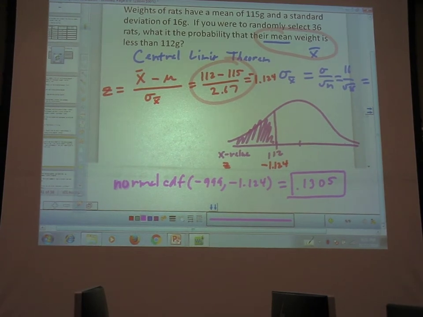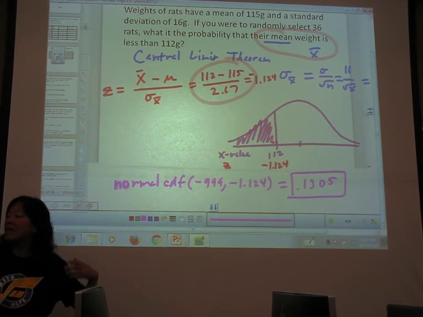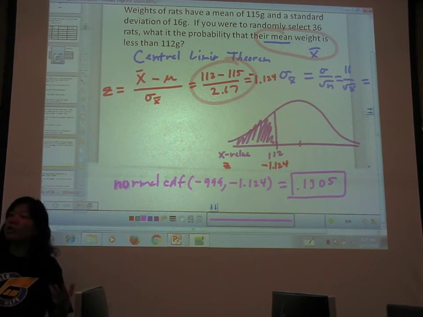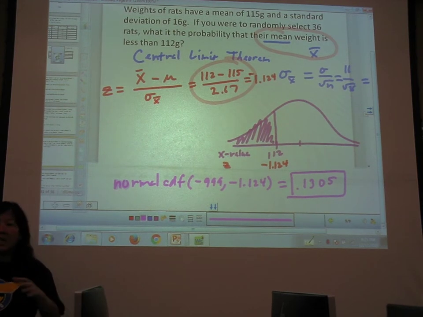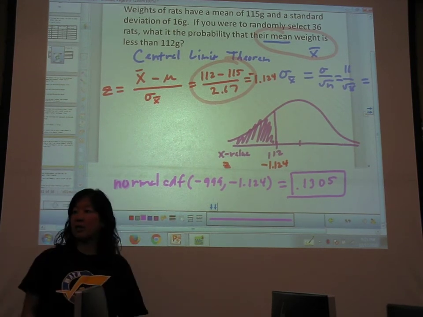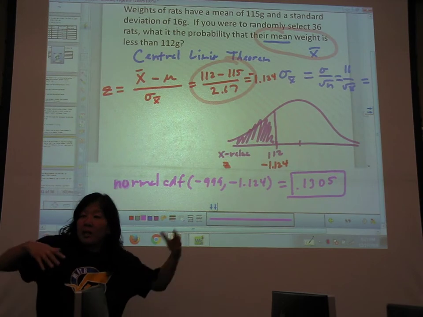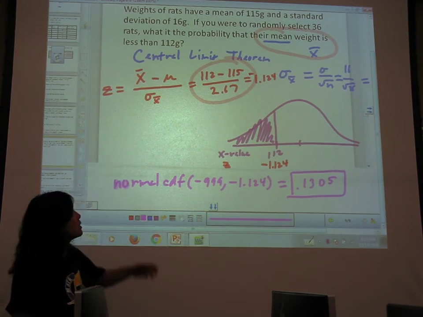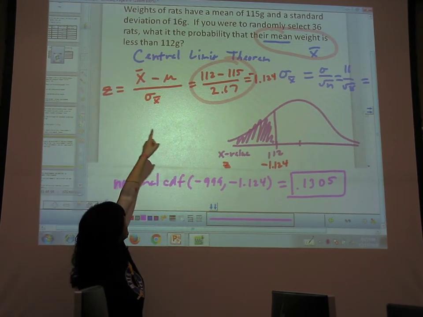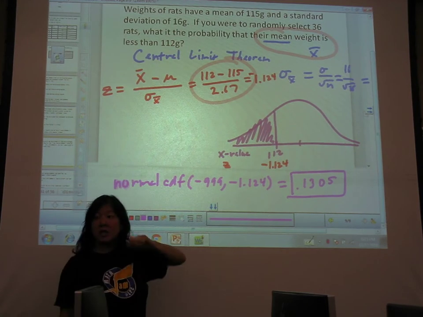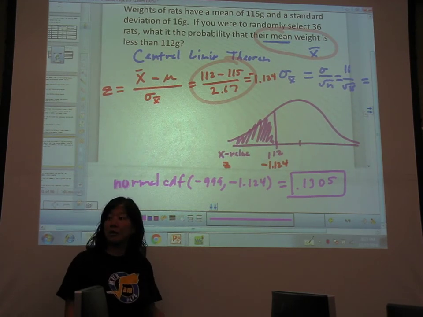All right. Central limit theorem is the same as that. Is everybody good with the rat? The first one, single rat. Central limit theorem is exactly the same. The only difference is when you're talking about a mean, you have an n, like Ramsey said. Then instead of using the sigma 16, you use 16 over square root of n.